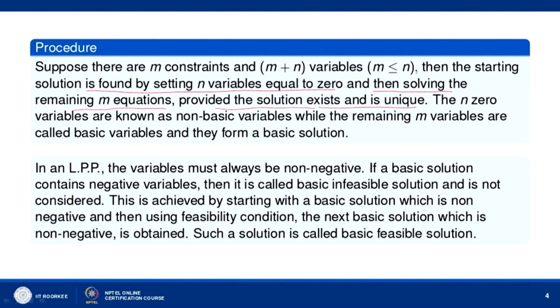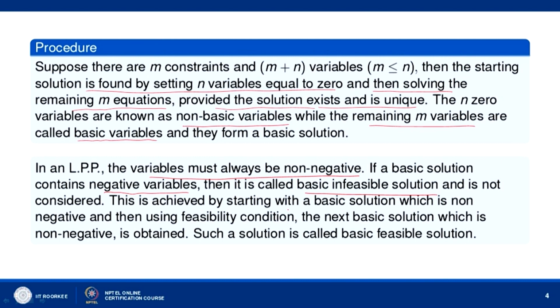The n zero variables are called non-basic variables, while the remaining m variables are called basic variables, and they form a basic solution. In a linear programming problem, the variables must always be non-negative. This is very important. If a basic solution contains negative variables, then it is called a basic infeasible solution and it is not considered.